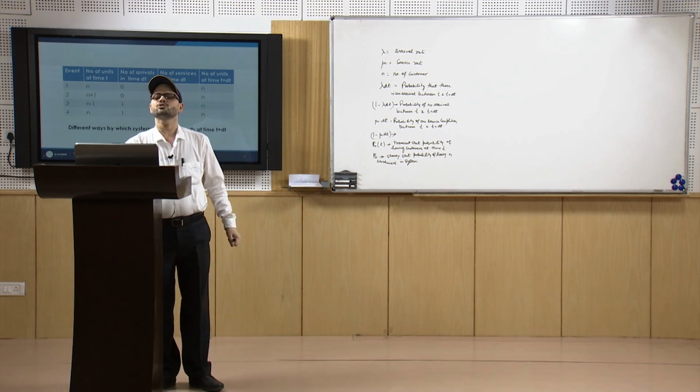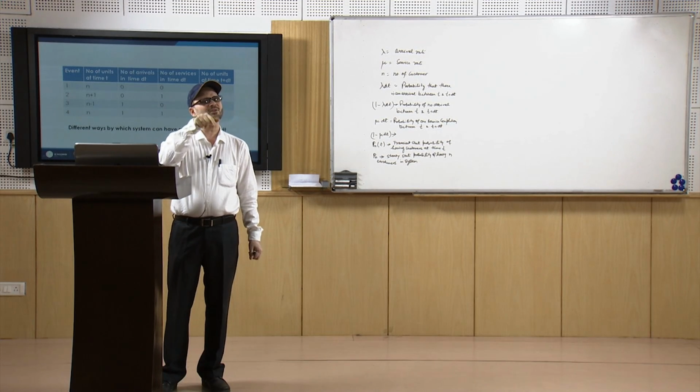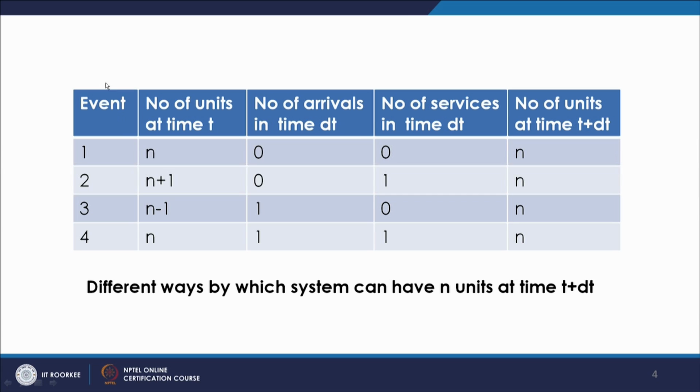So, this table shows that you have n customers in the system at time t, and we will basically discuss those cases in which you will have n customers in the system at time t plus dt. If you have n customers at t and there is no arrival and no service, in that case you are going to have number of units n itself. Similarly, the second case is that you have n plus 1 customers at time t.